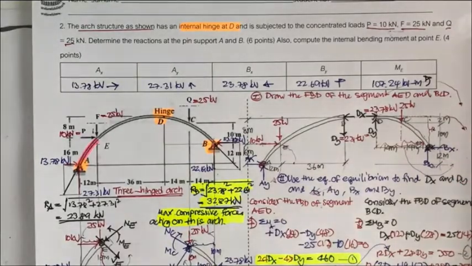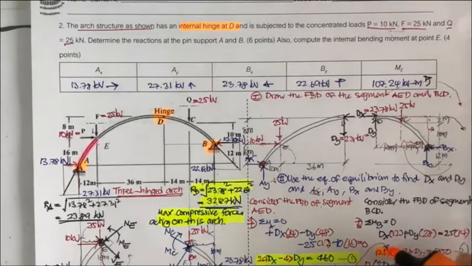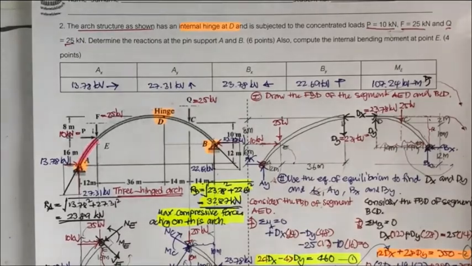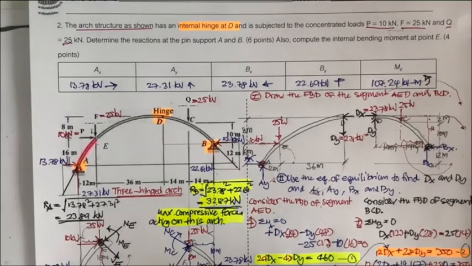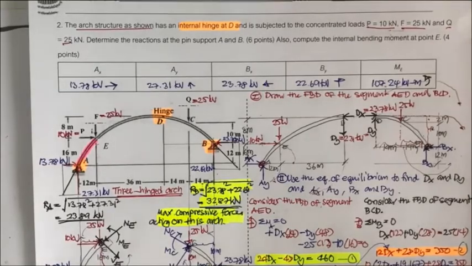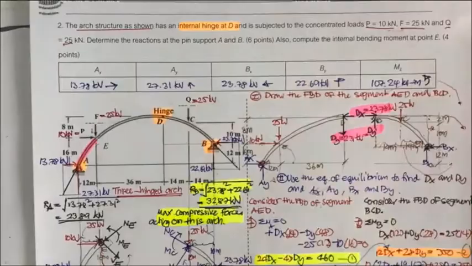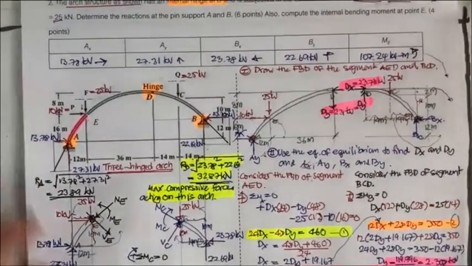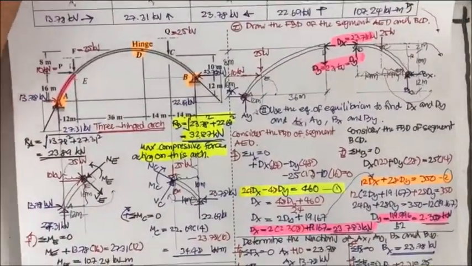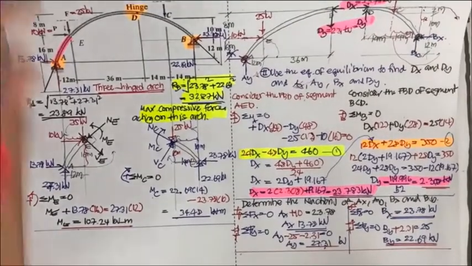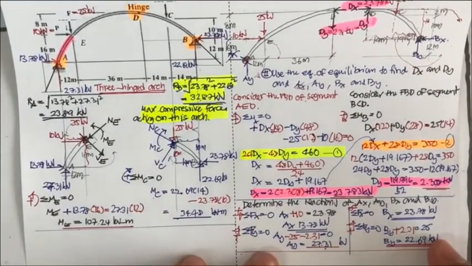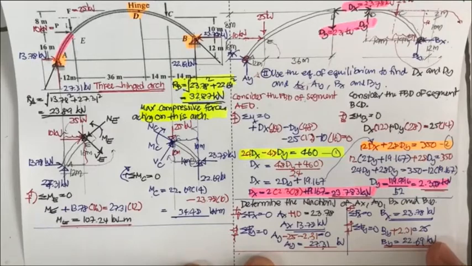And then we take moment at E, we get the second equation of the force of d sub x and d sub y, and then we solve it, we get the d sub x here and also d sub y here. And following this, we can determine the reactions as required.